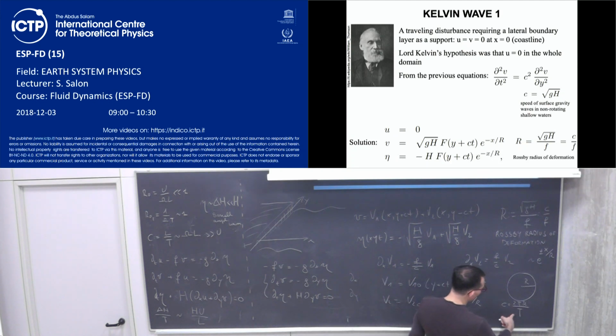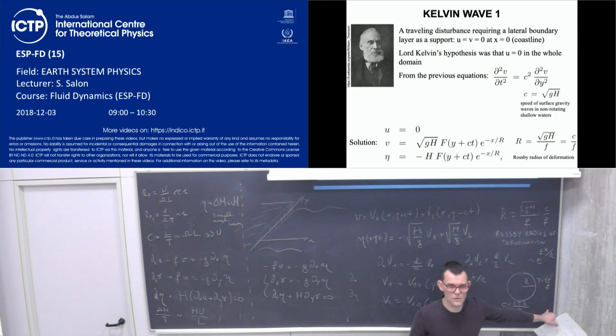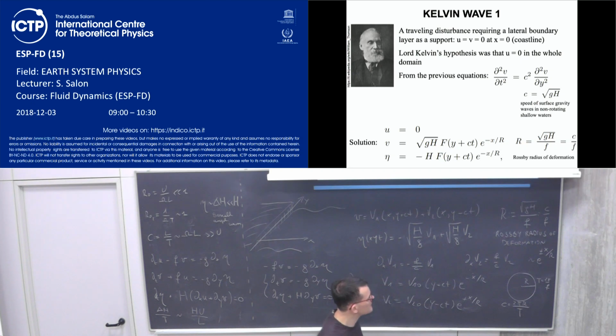So if our period t is exactly 2 pi over f, which is, do you remember, the period of the inertial oscillation, case 0 that we analyzed, just considering the system at rest for a non-rotating system, okay?